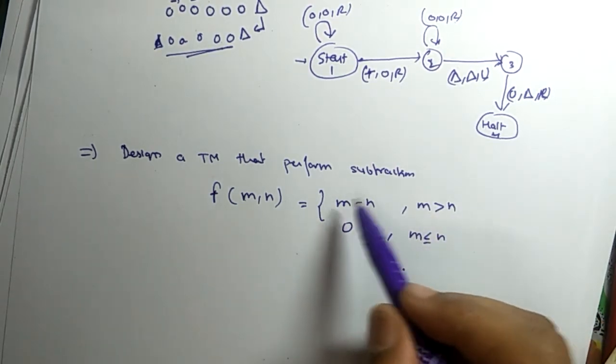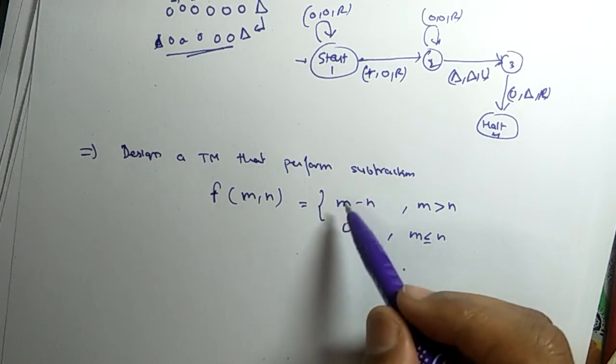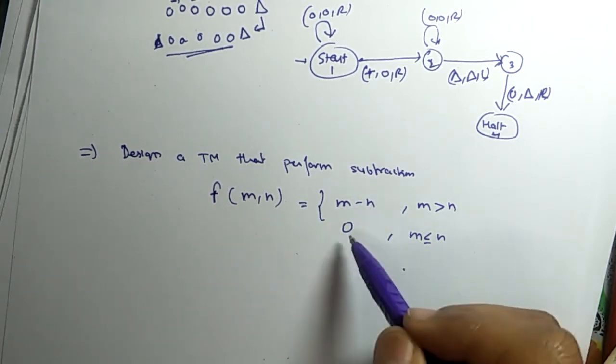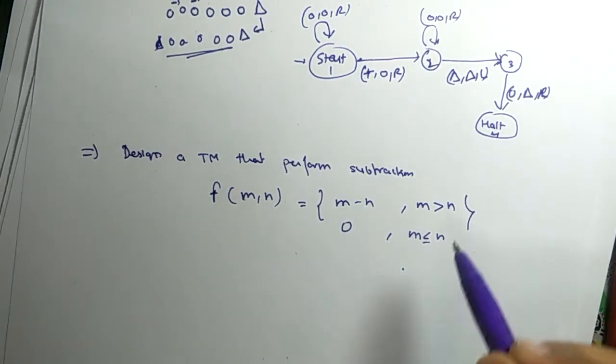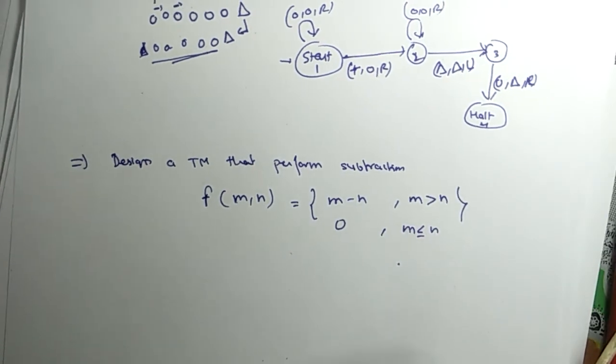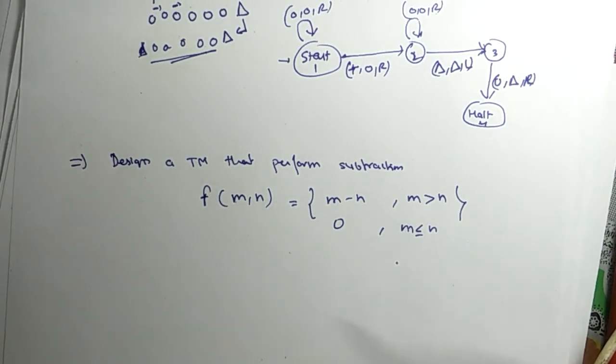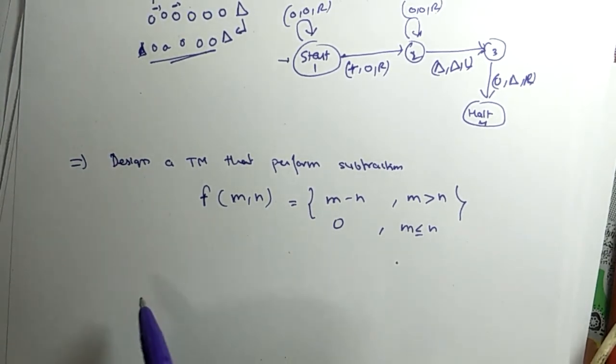So if m is greater than n, we need the result as m minus n, otherwise we need the tape as blank. So this is the function we defined for subtraction, and here also numbers are in unary.